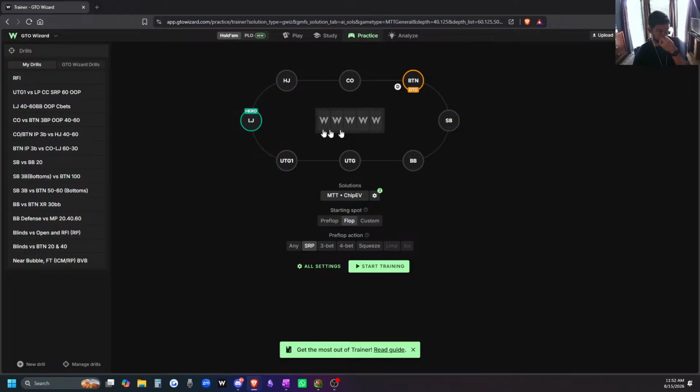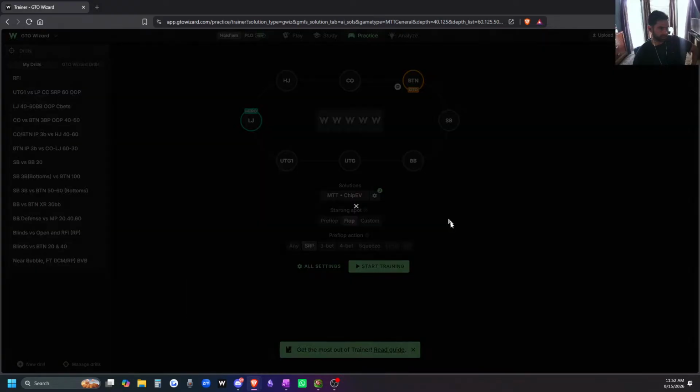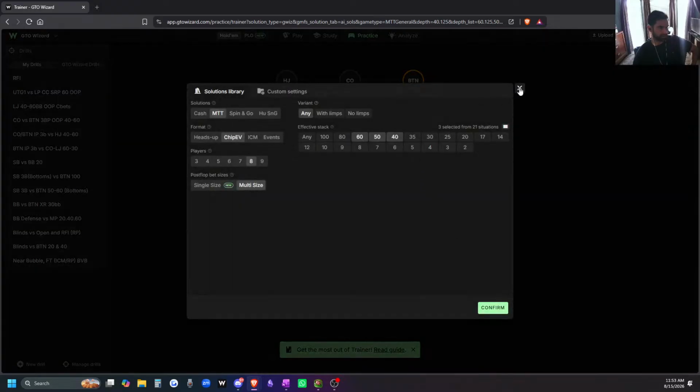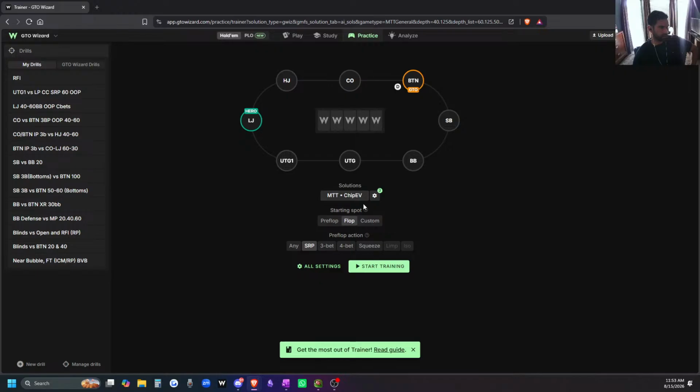We're going to start immediately on the flop, playing out of position. The one that says low jack 40 to 60 out of position C bets. You made that one. I don't mind working on out of position if you don't mind, Spencer. Sure. Okay, let's do it.